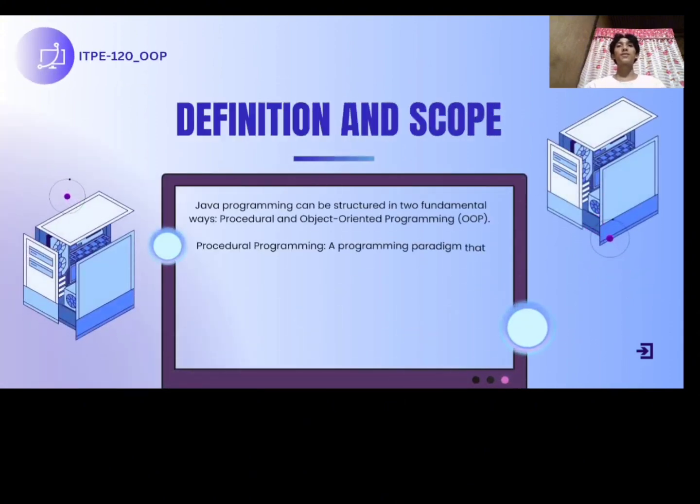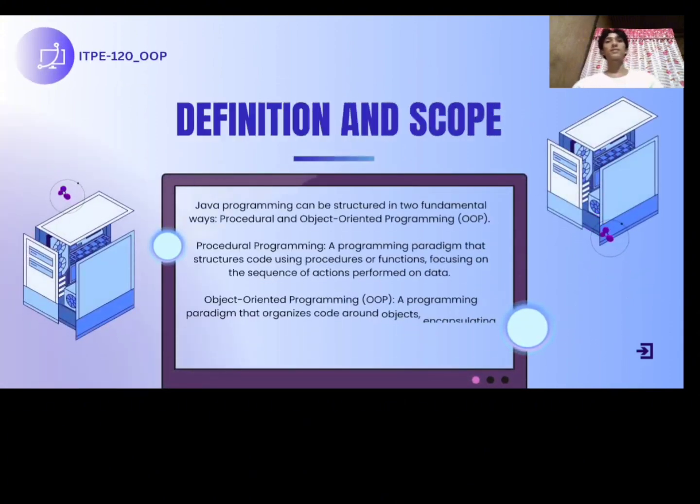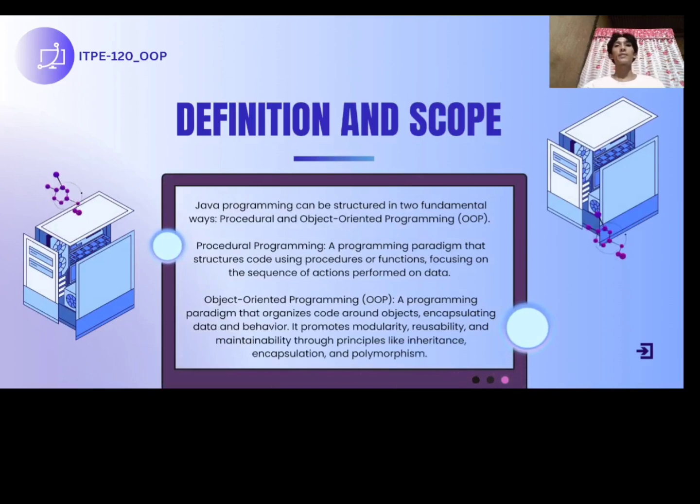So the definition and scope. Java programming can be structured in two fundamental ways. We have the procedural and the object-oriented programming. Now, procedural programming is a programming paradigm that structures code using procedures or functions. It focuses on the sequence of actions performed on data.